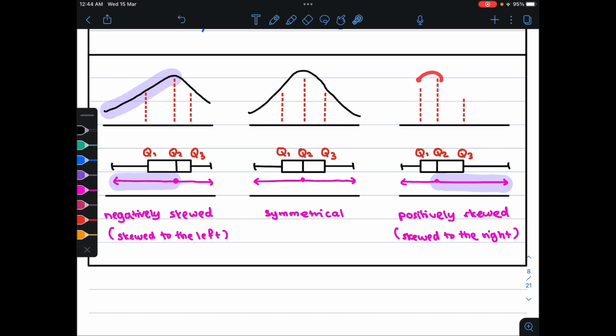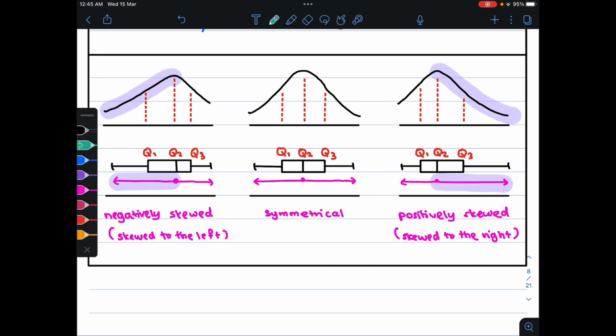Since these two lines are quite close to each other, this will give you the shorter tail. And since these two lines are quite far from each other, this will give you the longer tail. And hence, this will give you this bell shape. So the right tail will be longer compared to the left.